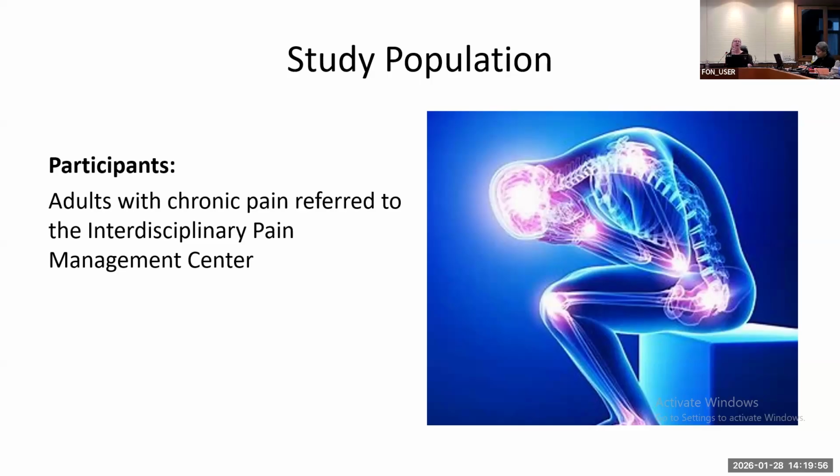Also, if they're being referred to an interdisciplinary pain management center, they're past the level of primary care. So they're past the level of what a normal physician or nurse practitioner would manage in a regular clinic, and they have been referred to further care, which is in the interdisciplinary pain management center.